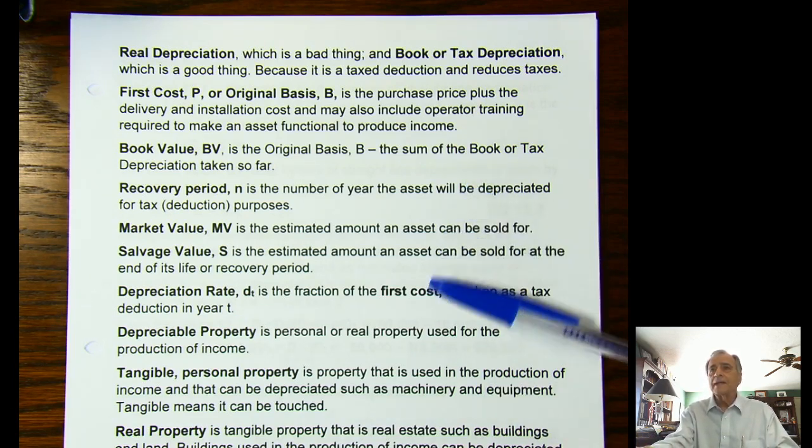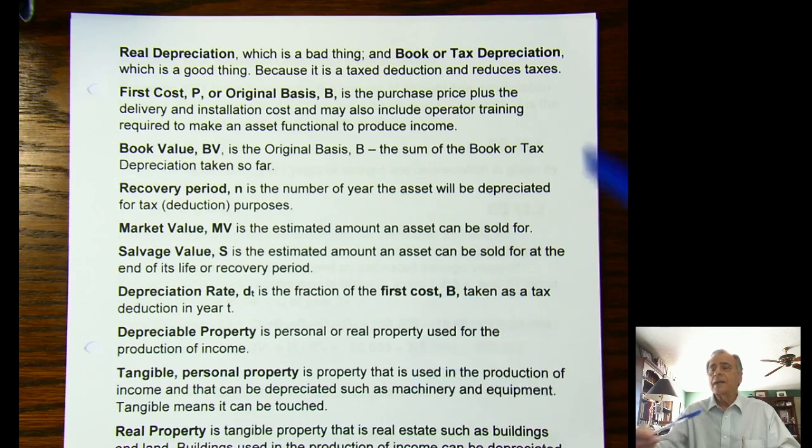You can take a tax deduction even though the asset's not going down in value. So that's not all that unusual, but machinery generally doesn't follow that kind of a pattern, but real estate very well might. And real estate is depreciable property if it's used in your business.